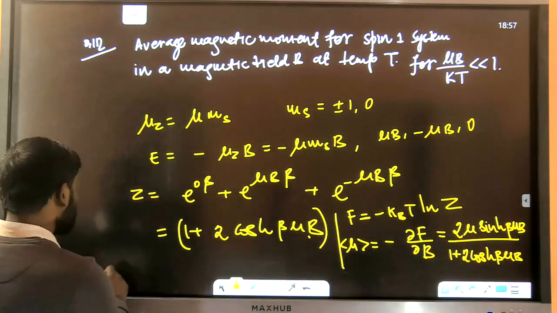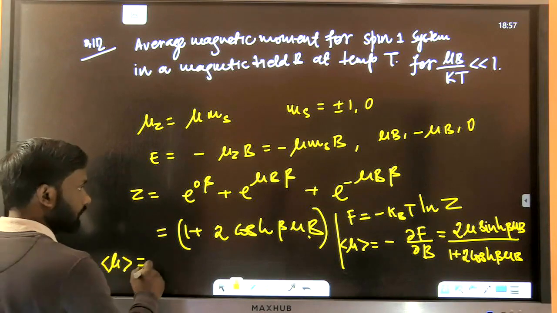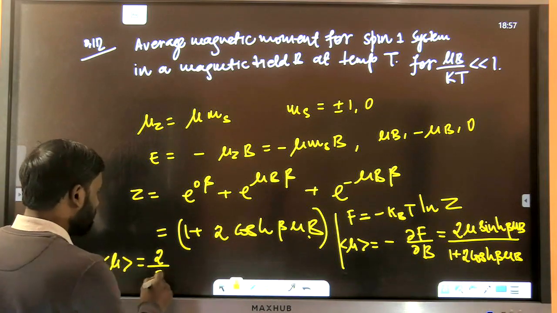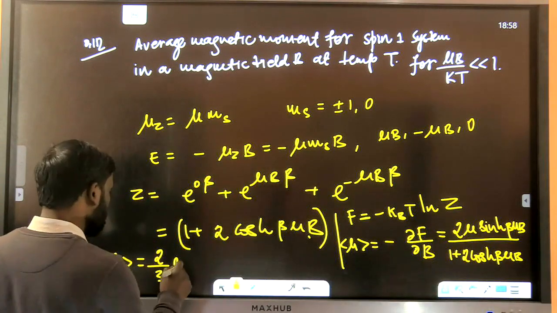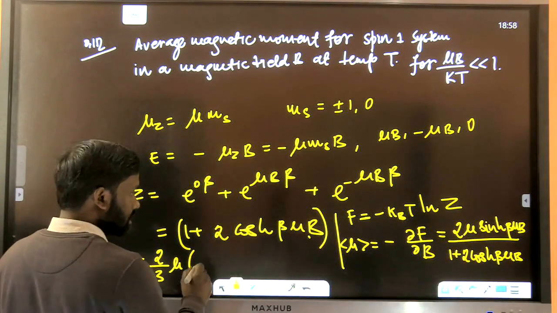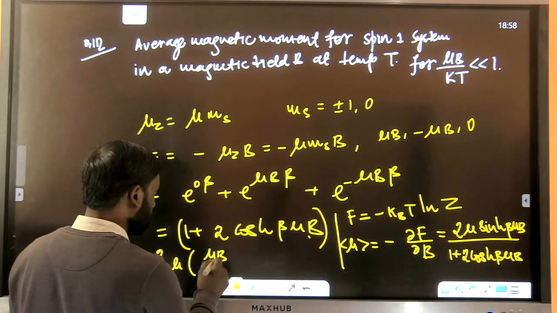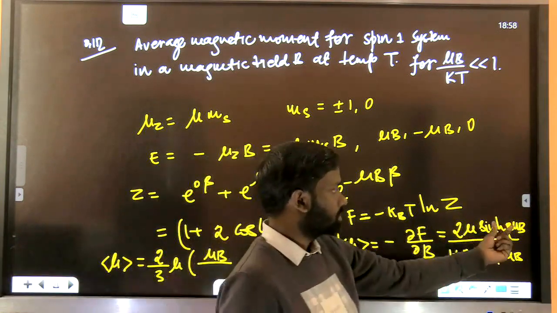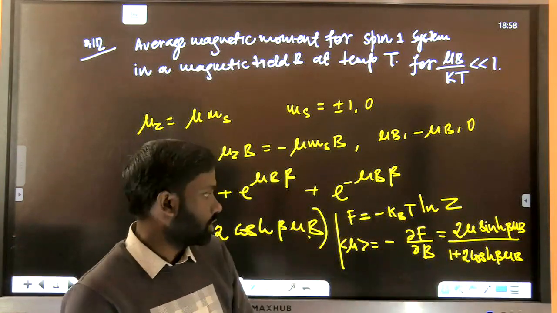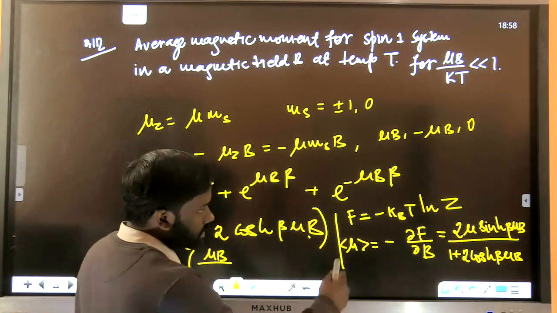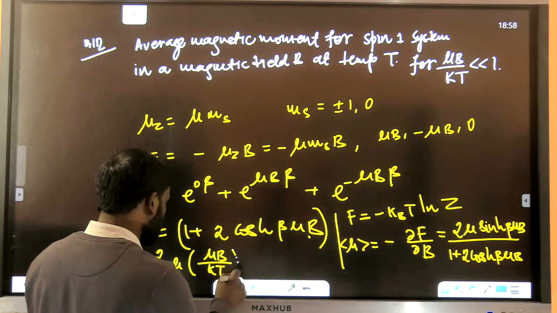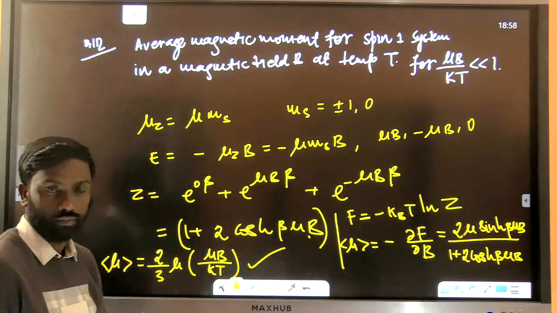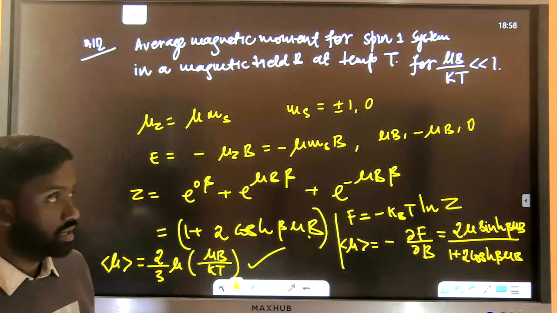In that case, mu average is equal to 2 mu, and cosine hyperbolic becomes 1, so 1 plus 2 you get 3 here, and sine hyperbolic x becomes x, so you get beta mu b, and for beta I'm writing 1 by kT here. So that was one option, and that is the average magnetic moment.